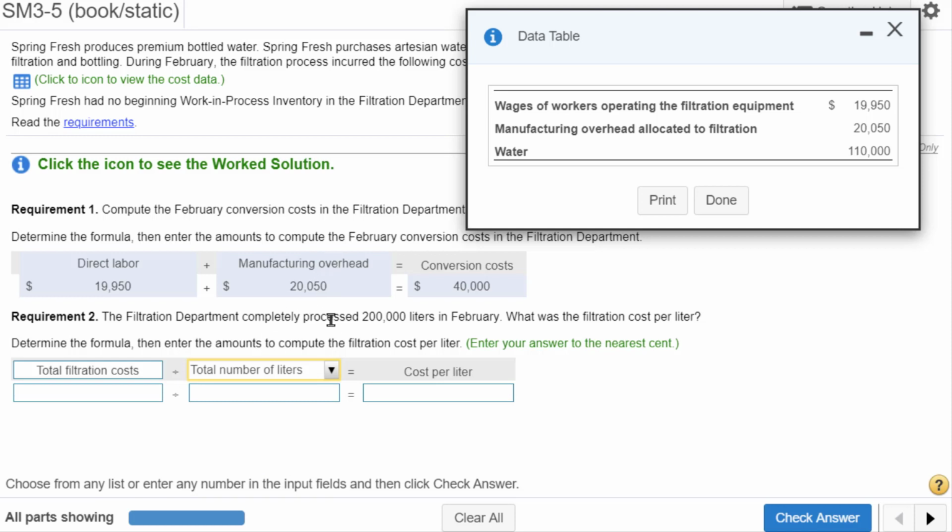Total number of liters is 200,000. And then the total filtration costs are $19,950 plus $20,050 plus $110,000. We've already added up the labor and manufacturing overhead, so we know that this plus this is $40,000, and then we're going to add $110,000, so that's $150,000.